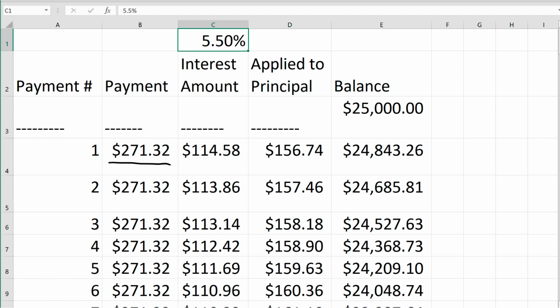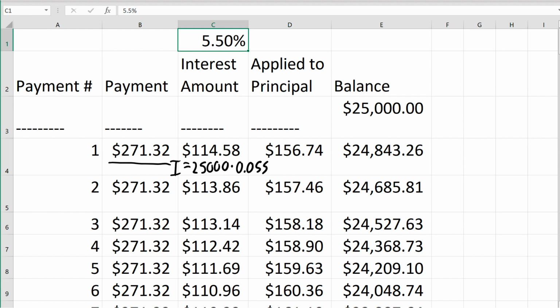So the interest amount is actually just simple interest. In this case, it would be I equals P, our present value, which is currently $25,000, times our rate, which is 5.5%, so 0.055, and then times the time. So the entire loan is 10 years, but that's not what we're looking at.